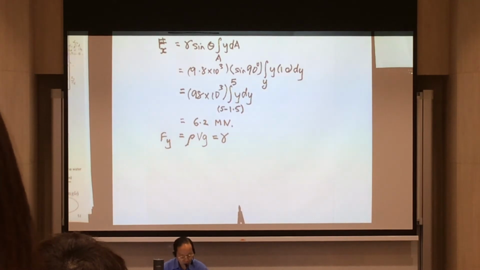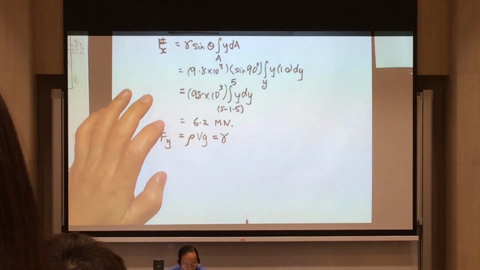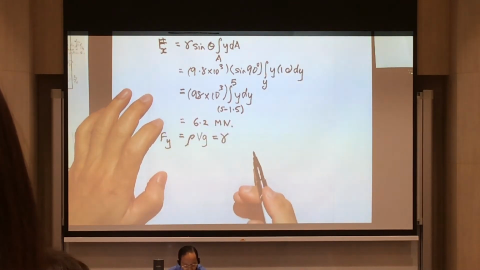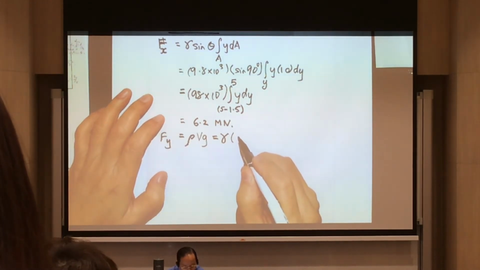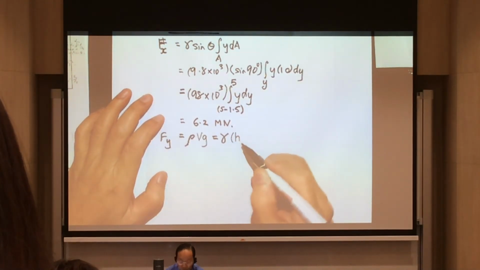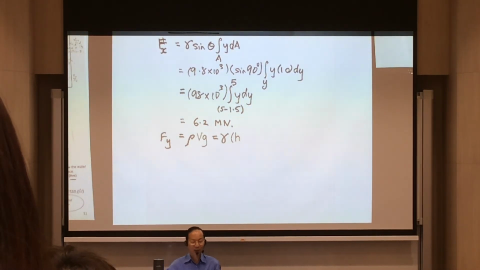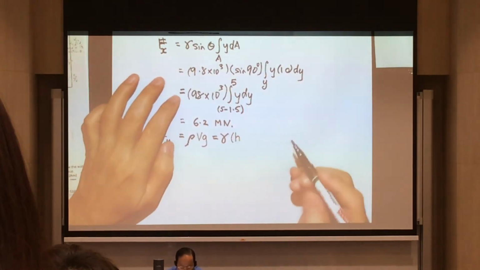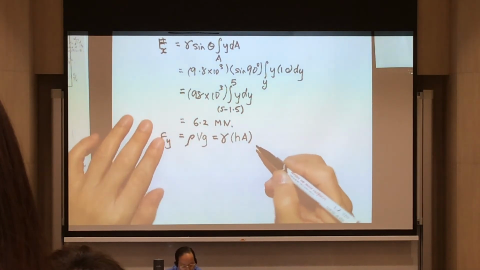And what is the volume? Volume is simply area times the length. We call the length h. Don't be confused, this is just notation. Sometimes we use h for height, sometimes we use h for length. So it is the length times the cross-sectional area.